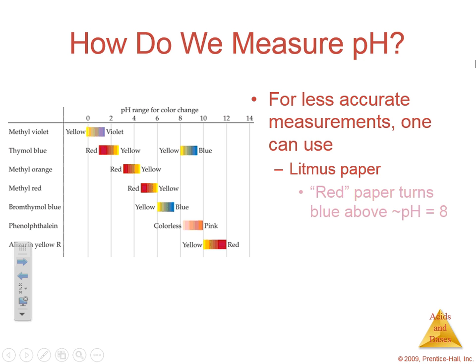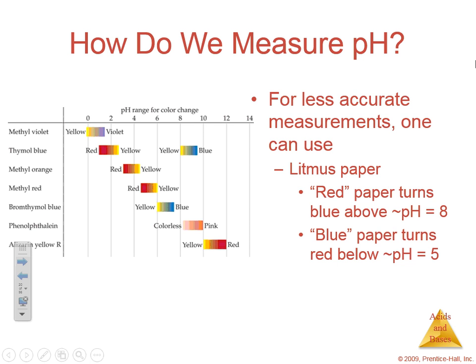Last thing we can talk about is how we measure pH. What are ways in which we've measured pH? We used a pH meter last year. We've used test strips. We used cabbage juice as a natural indicator. There are a wide variety of ways to do it. Remember, last year you used two indicators: phenolphthalein, which goes from clear to pink, and bromothymol blue, which goes from yellow to green to blue.